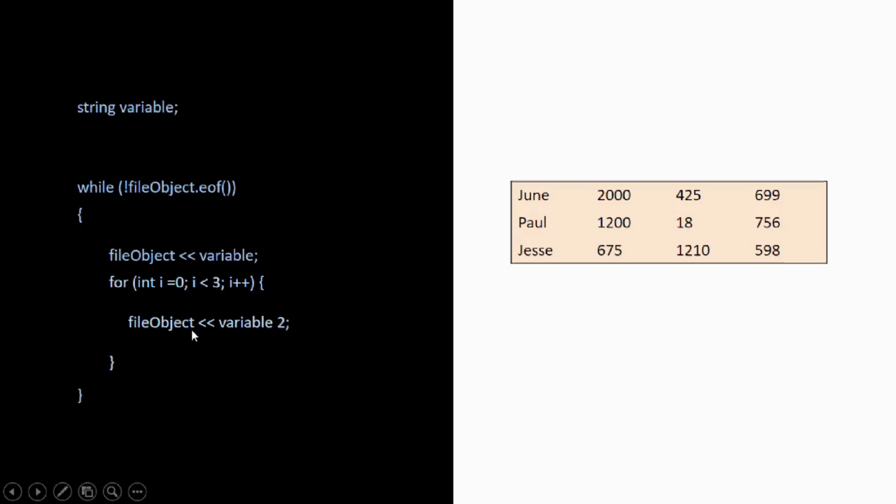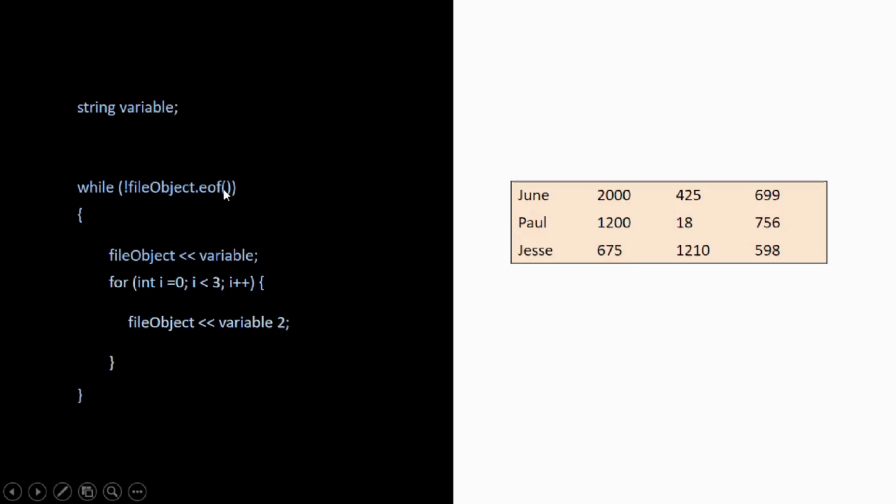So when we move within the scope of our for loop, we've got our file object, take that value and initialize it into variable 2, which is right here, and then run again, initialize it with 425, run again, initialize it with 699, and at that point, i is going to become equal to 3, and we'll move out of the scope of our for loop.